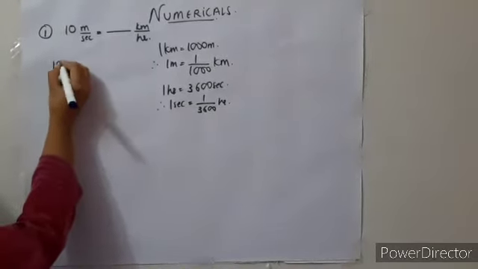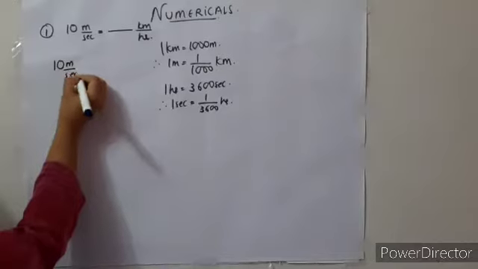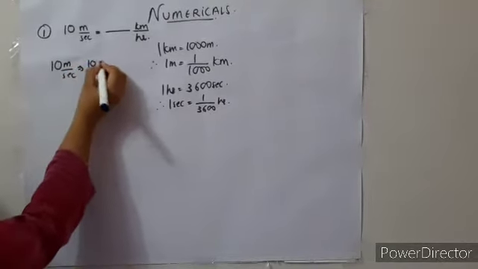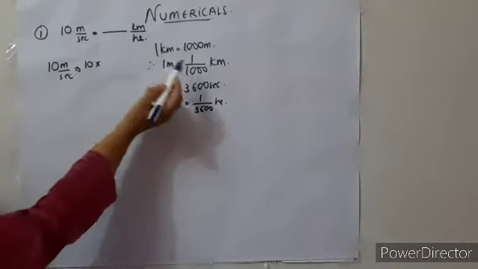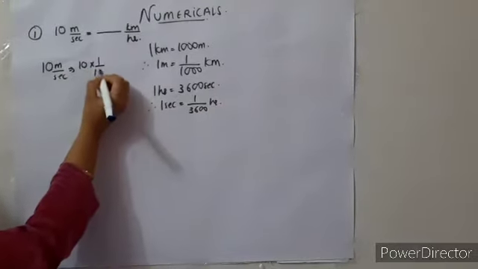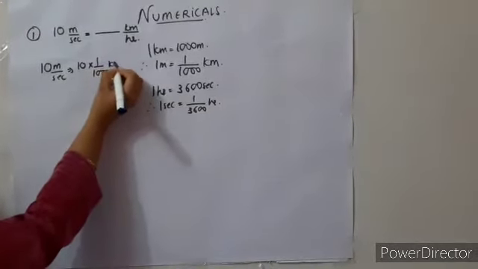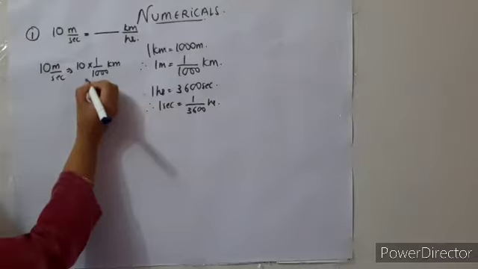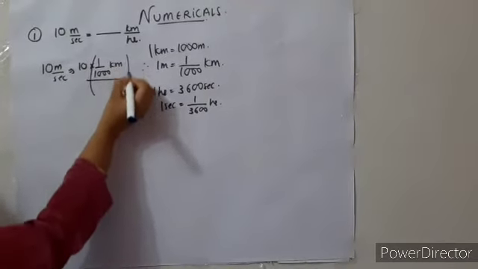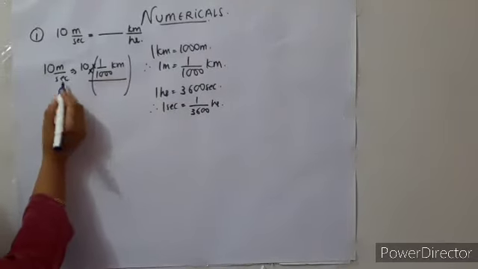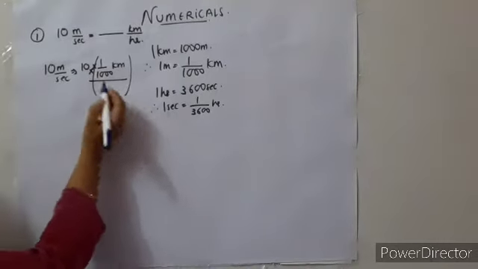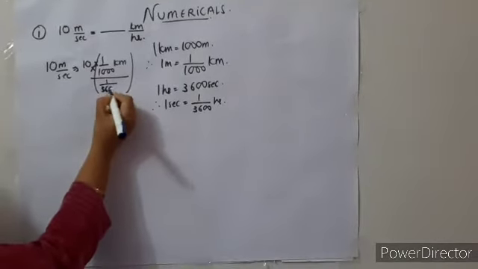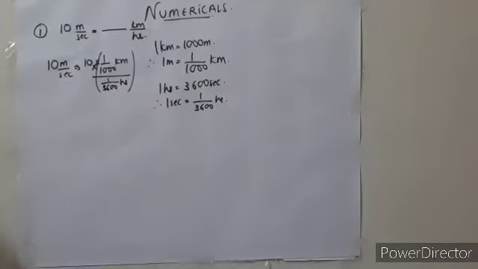This is 10 meter per second. 10 meter is equal to how many kilometers? 1 over 1000 kilometer, divided by second. In 1 second how many hours? 1 over 3600 hour.